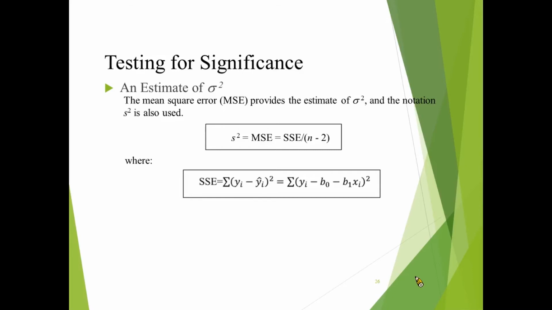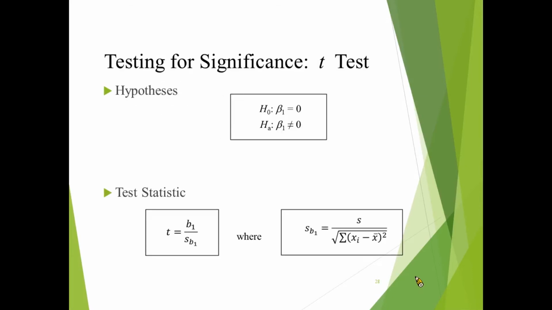Okay, so this is the t-test hypothesis. The hypothesis we just talked about in the last class, we have two conditions. One is H0, the null hypothesis, and HA, the alternative hypothesis.